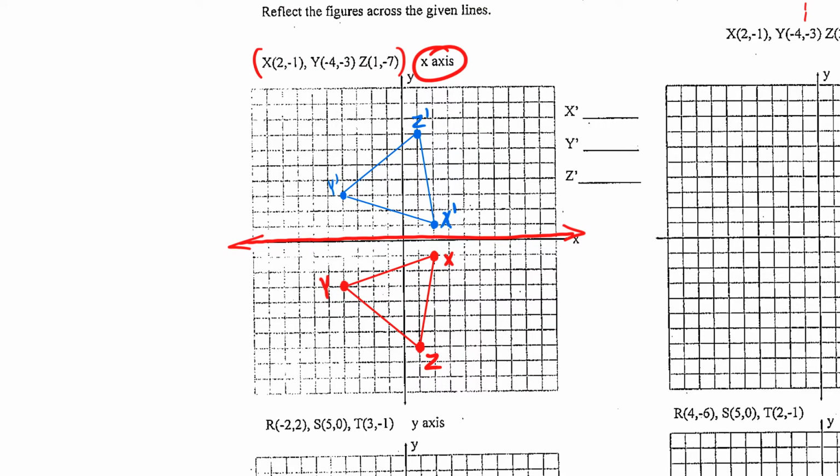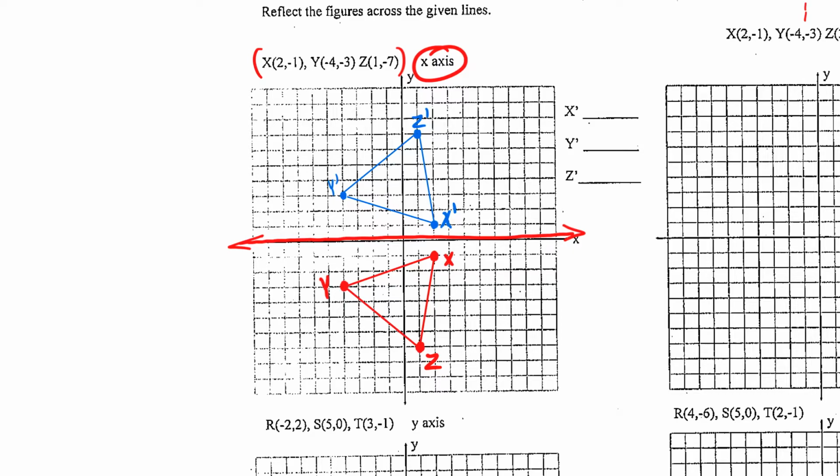Okay, there's the new one. And you can see if you folded your paper along that red line that I drew along the x-axis, you would see how those two triangles lay exactly on top of each other. X and x prime would land on top of each other. Z and z prime would land on top of each other. Y and y prime would also.